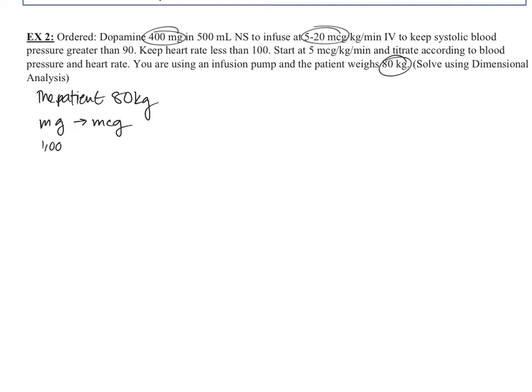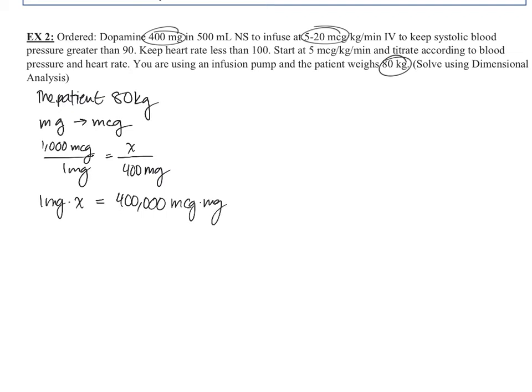We can set up our proportion. Cross multiplying, we'll end up with 1 milligram times x equals 400,000 micrograms times milligrams. We can cancel out the milligrams, and we get x equals 400,000 micrograms.